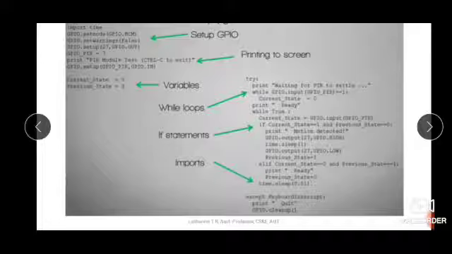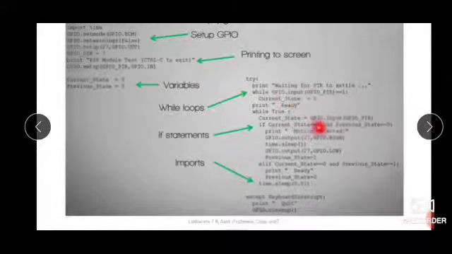So did you understand? Current state will be 0, previous state will be 0. If any input is detected on pin number 7, it will be 1, then current state will be 1. If current state is 0, we say ready.